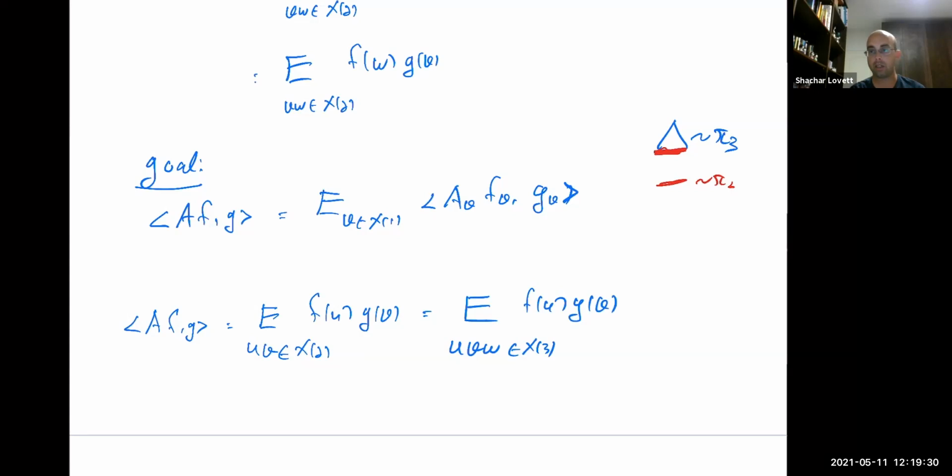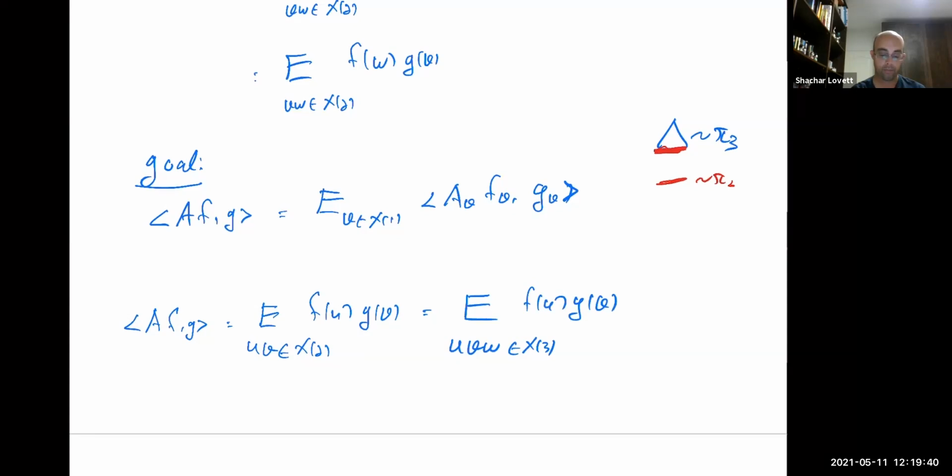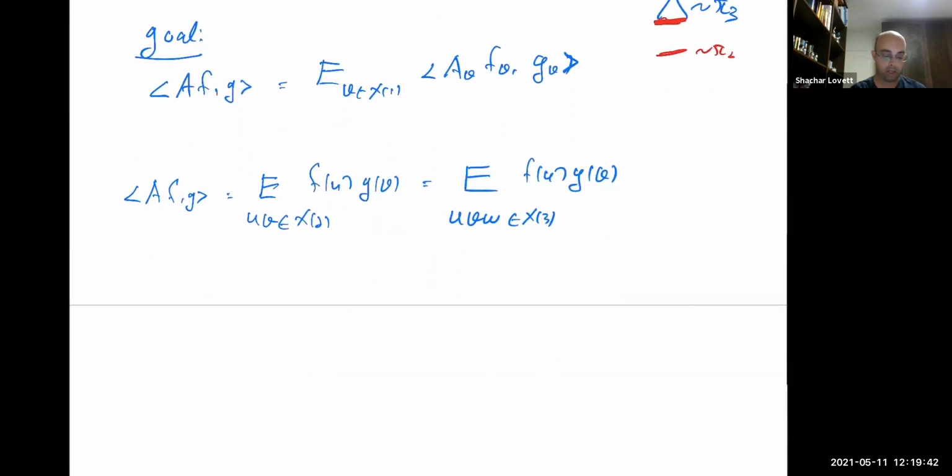So again, all I'm saying here is choosing a random edge is the same as choosing a random triangle, and then choosing a random edge inside it. And here you should think of UVW as an ordered triple. So now what can we say? Because it's the same as first choosing W in X1, and then choosing this pair UV in XW of 1. So this is just a conditional distribution.